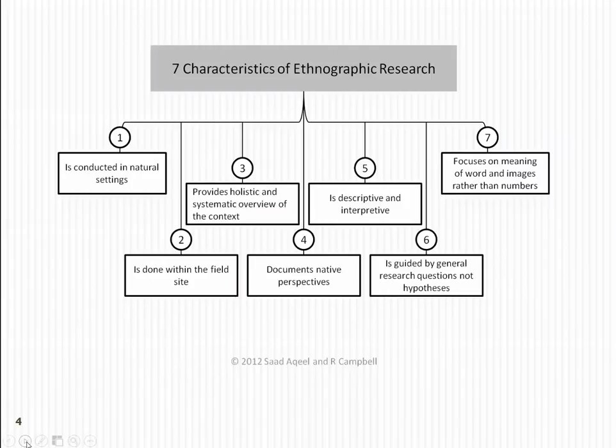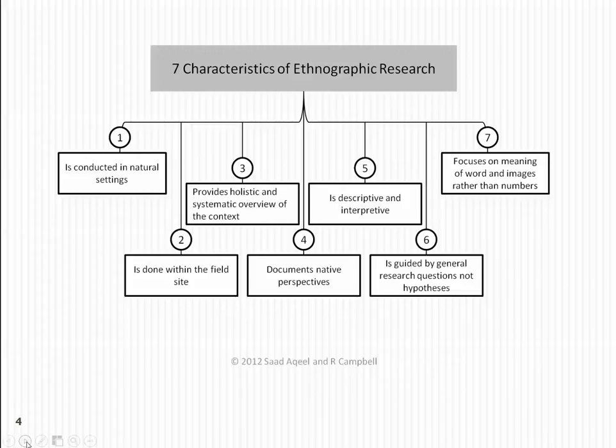Now, there's 7 characteristics of ethnographic research. The first, it's conducted in a natural setting. In other words, the anthropologist actually goes out and among the people that he or she is studying in the real world. And it's done within the field site, the location that is selected to do the ethnographic research. And also it provides a holistic and systematic overview of the context.